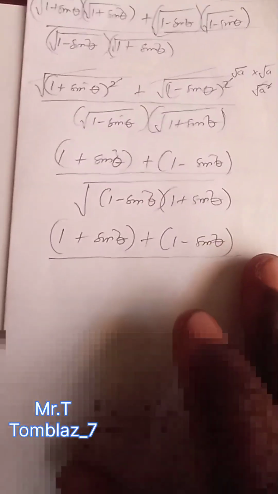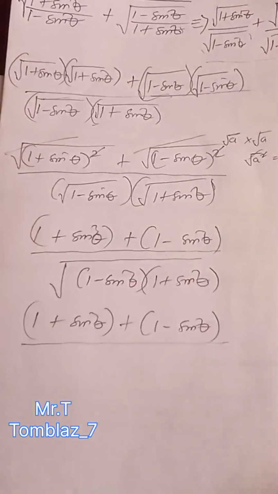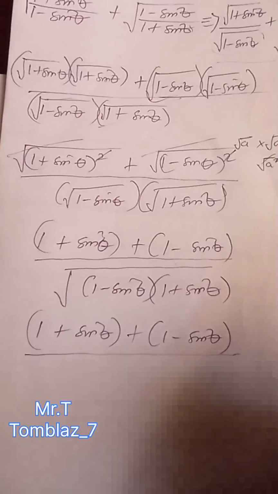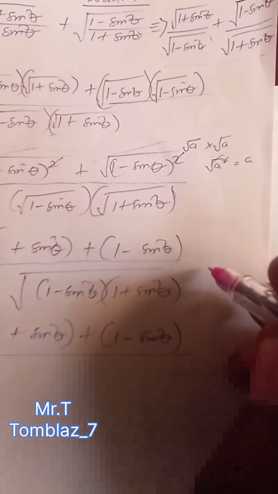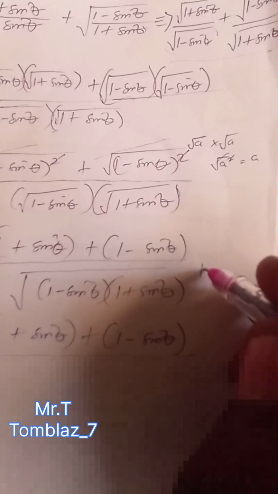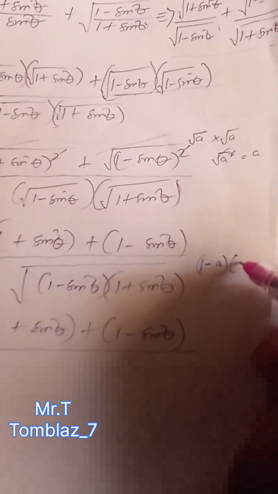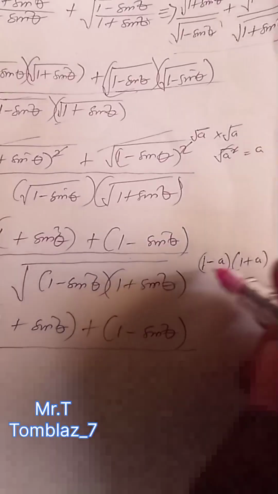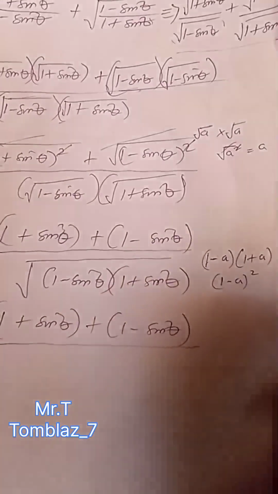Now we should recall that whenever we have something as (1 minus a) into (1 plus a), the answer is going to give us 1 minus a squared, right?